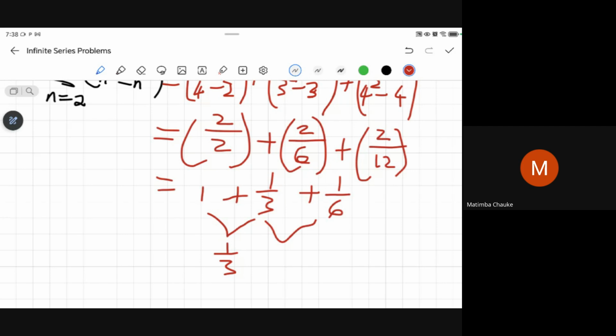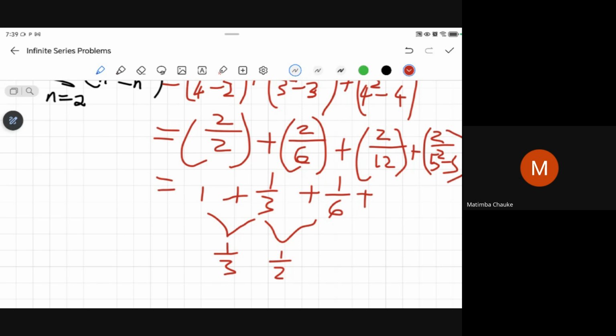Maybe 1 over 6, so 1 over 2. And then the next one here would be 2 over 5 squared minus 5. And the 5 squared minus 5 is 20. This would be 2 over 20.